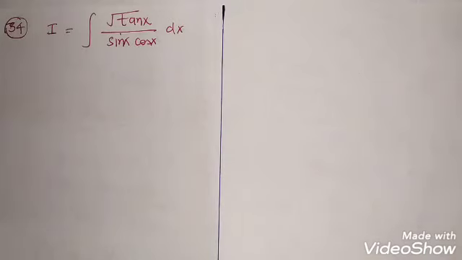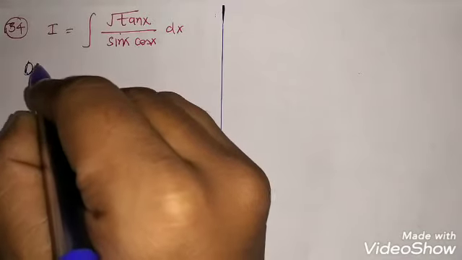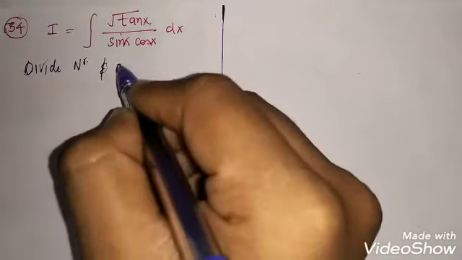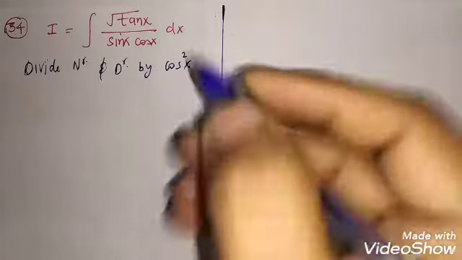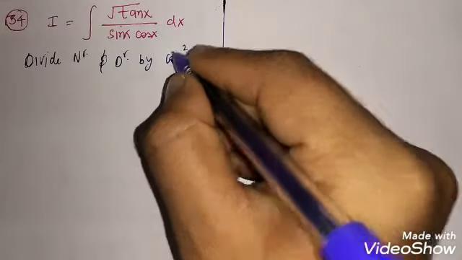What I am getting is, no, it does not seem to be correct. So divide numerator and denominator by cos square x. You'll come to know why I'm writing cos square x.